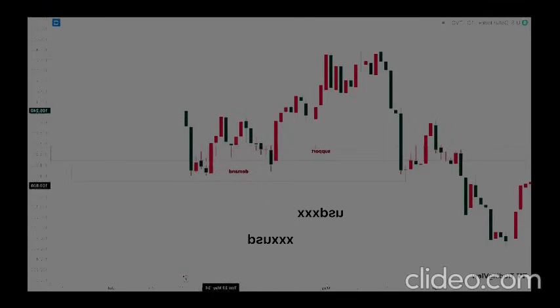So if the market, let us start by these pairs where USD is at the beginning, like USD something, USD something.